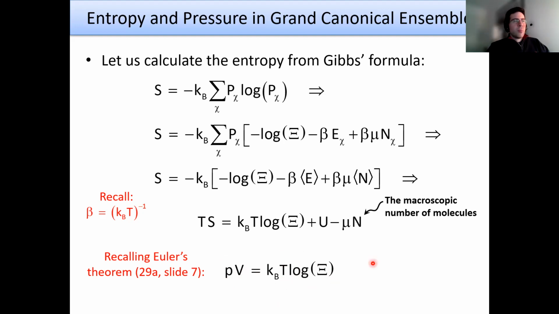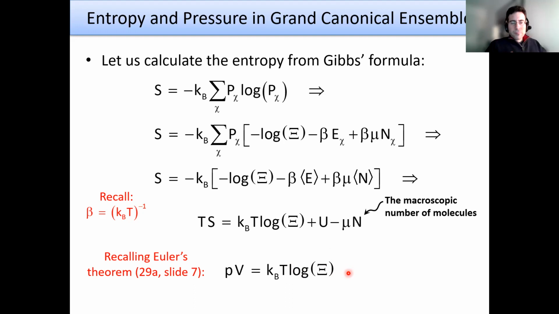So you might have noticed that in each one of the ensembles, there is some kind of almost natural function, right? For the microcanonical ensemble, it's the entropy related to the degeneracy, which is a very simple relation in that case. Then for the canonical ensemble, we have the Helmholtz free energy related in a simple way with the partition function. And in this case, we have PV over temperature related in a simple way with the grand canonical partition function.